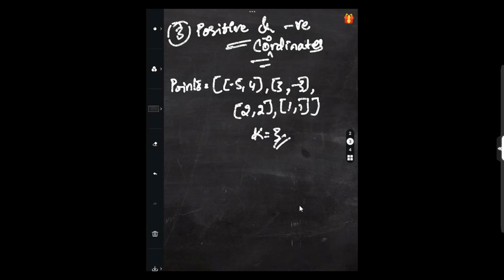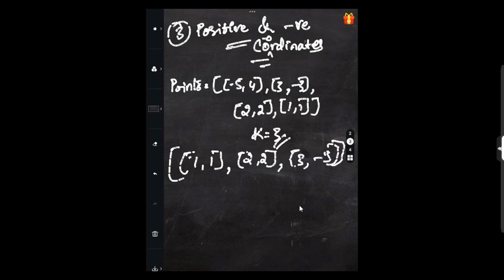We have to display 3 points that is close to the origin 0, 0. So the output will be here 1, 1, and 2, 2, and 3, minus 3. You can just dry run this one. I have shown for the example this one. I have just considered the example one and we have dry run the same thing, right?